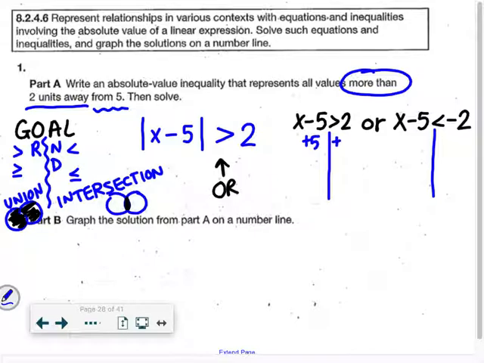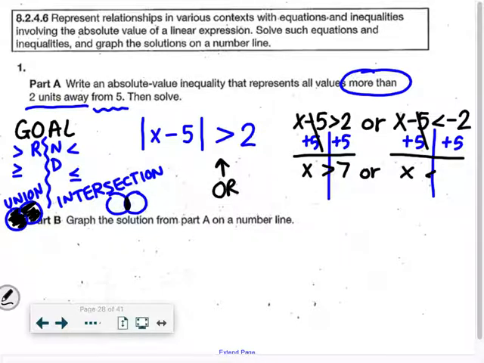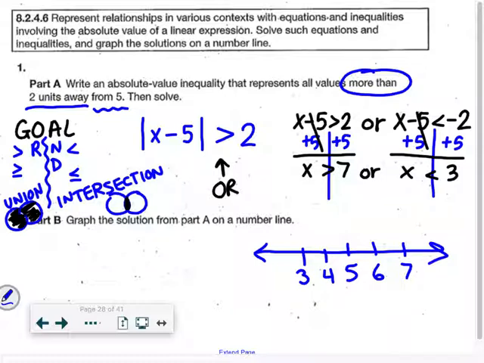Now I solve these by adding 5 on each one of them. So x is greater than 7 or x is less than 3. So on my number line, the first ray, x is greater than 7, is open and greater than goes to the right.